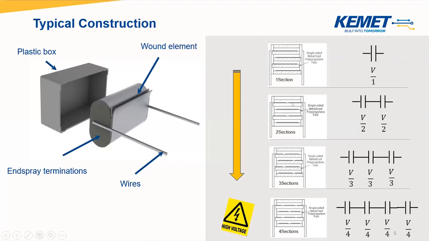So inside we basically create a two series construction. Of course, we can iterate this construction with 3 series or 4 series, and in this case we split the voltage into more and more series. This allows the capacitor to work with higher and higher voltages.